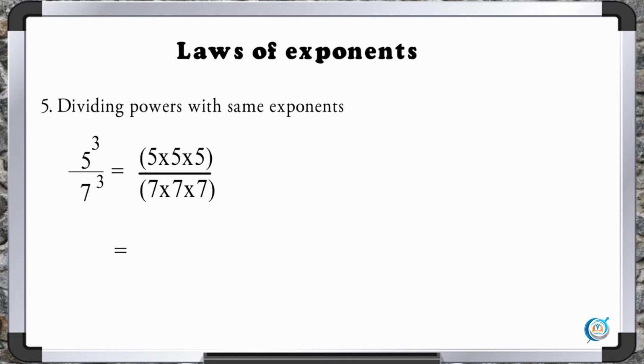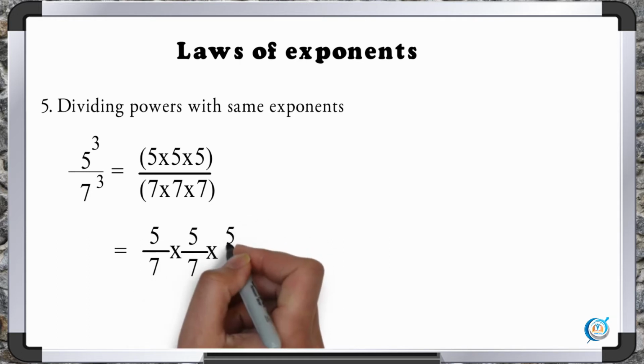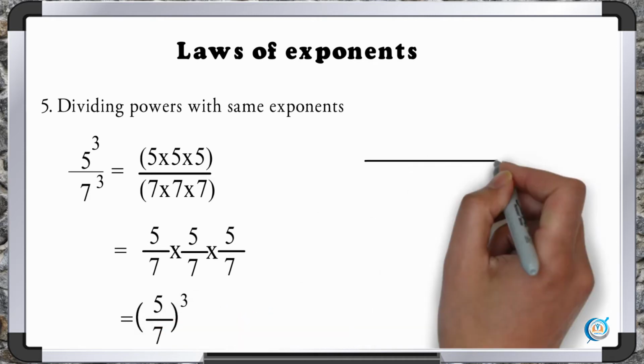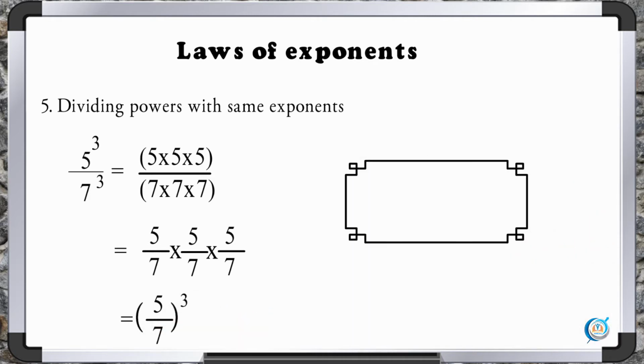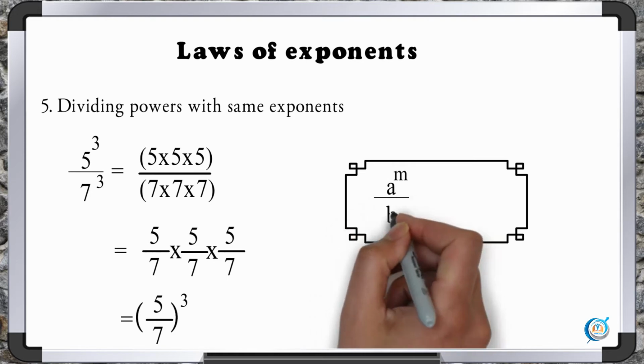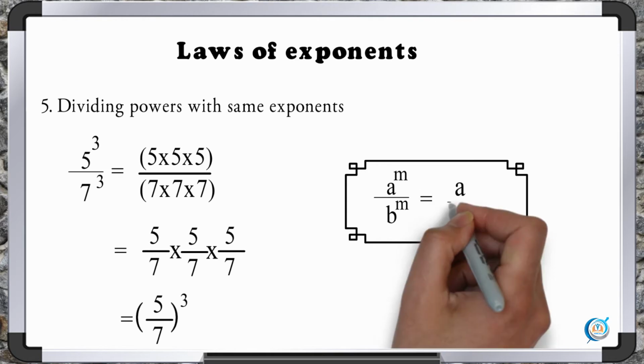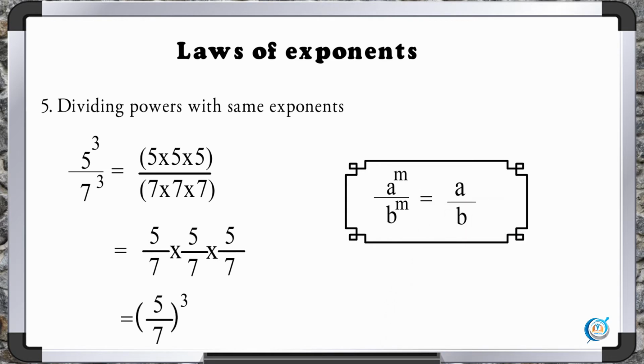If we write it separately, we can write it as 5 by 7 into 5 by 7 into 5 by 7, which is equal to 5 by 7 all power 3. So we can write the property like this: a power m by b power m will be equal to a by b all power m.